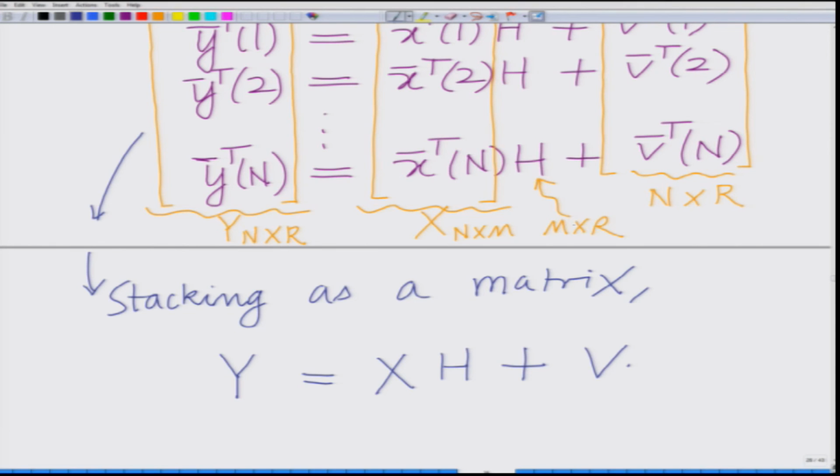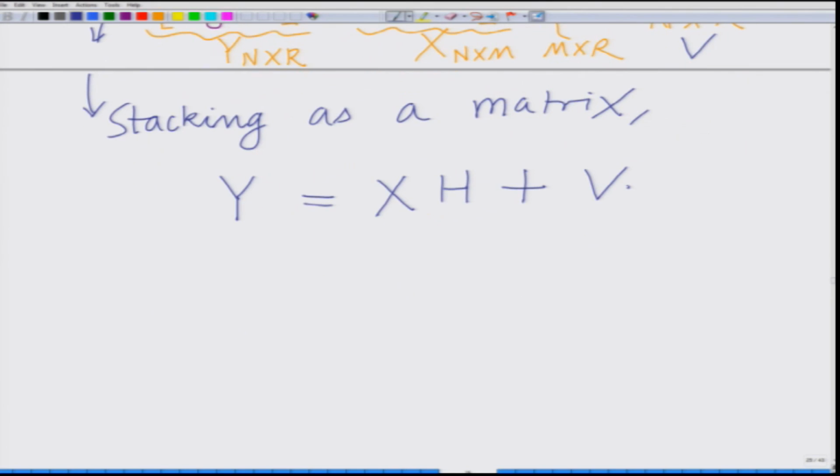So, this is your Y, X, H, and this is your noise matrix, let us call it V. This is your output matrix or observation matrix or received matrix, which is n cross r.